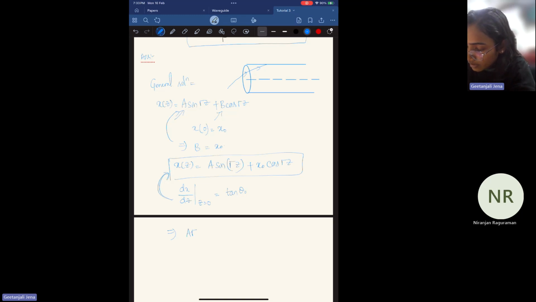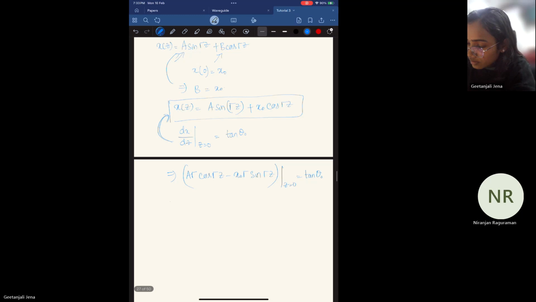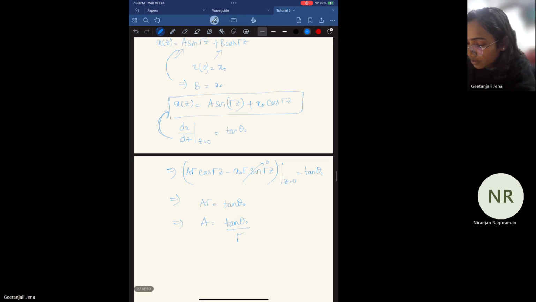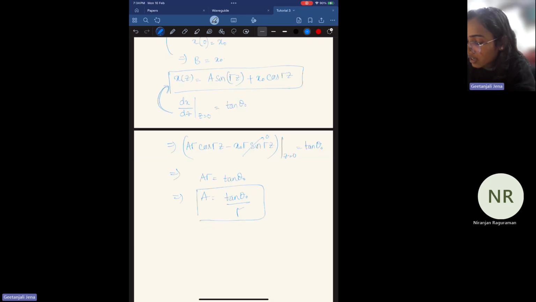We will get a gamma cos(gamma z) minus x0 gamma sin(gamma z), and at z equal to 0 this is tan theta 0. So if you put z equal to 0, the second term is 0. So a gamma will be tan theta 0, so a will be tan theta 0 over gamma. So we find the value for a, and the value for b, which is x0.